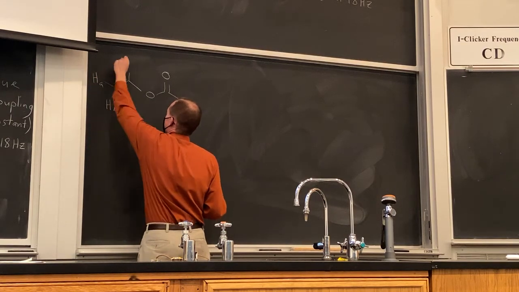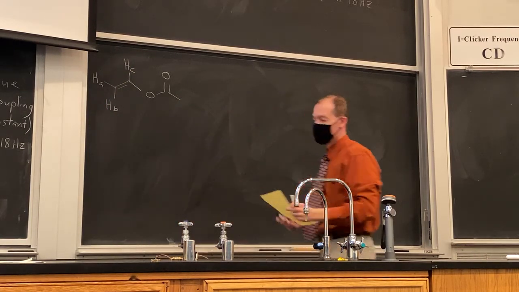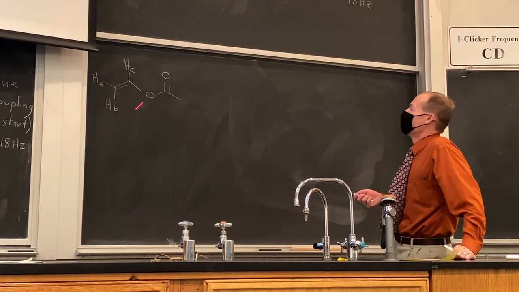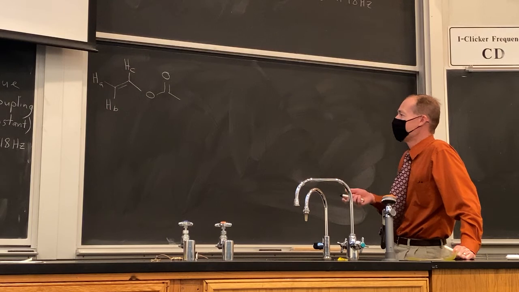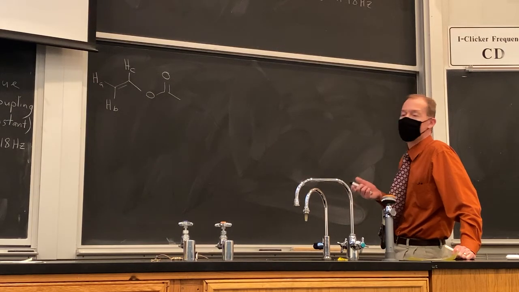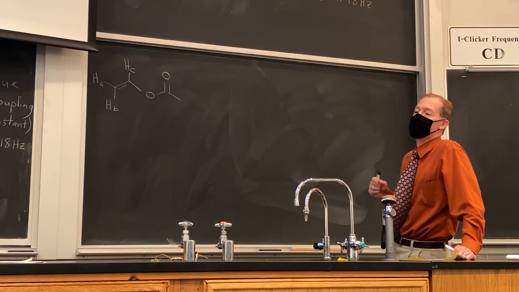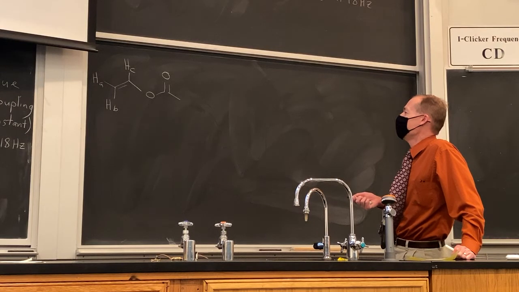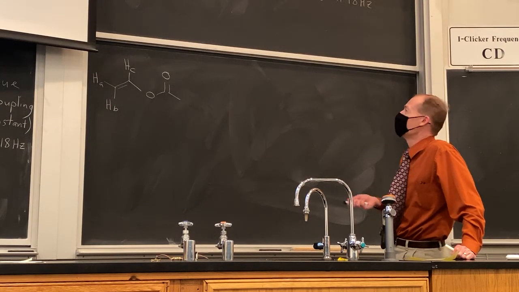And we're just going to call them A, B, and C. So all three of these hydrogens are different from each other, right? None of these hydrogens are equivalent to each other. The two that are on the same carbon are different because one is trans to the oxygen and one is cis to the oxygen. So we have a case of each of these hydrogens having non-equivalent neighbors, right? If we look at A, B and C are the neighbors, but they're not equivalent to each other.